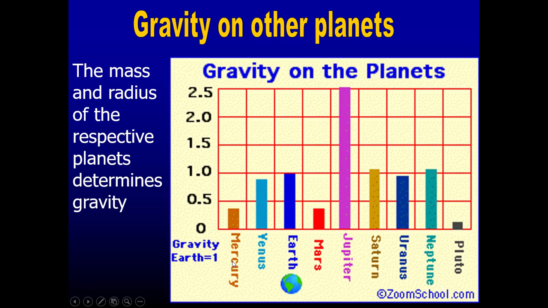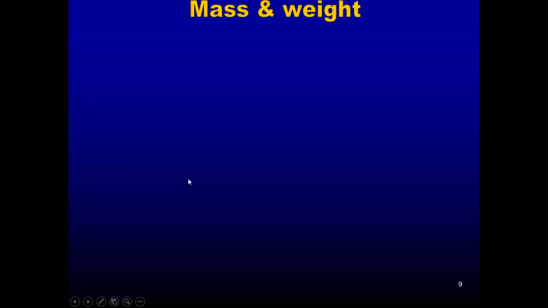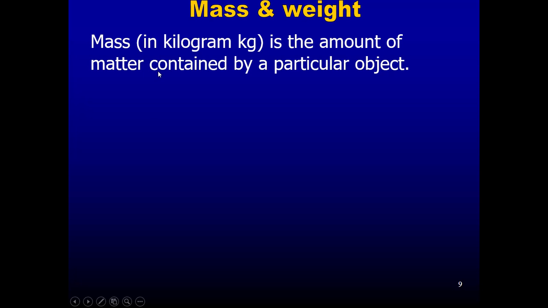So the size of the planet, in other words, the amount of stuff the planet is made of, compared to the actual radius of the planet, will determine the actual gravitational acceleration on that specific planet. It's one of the reasons why, when people are on the moon and they jump, it looks like they're floating through the air. It's because of the incredibly low force due to gravity.